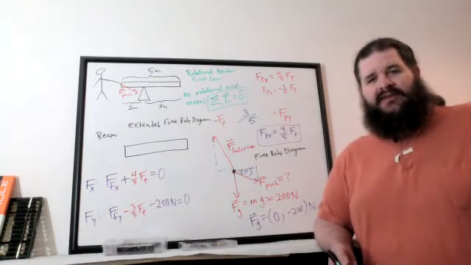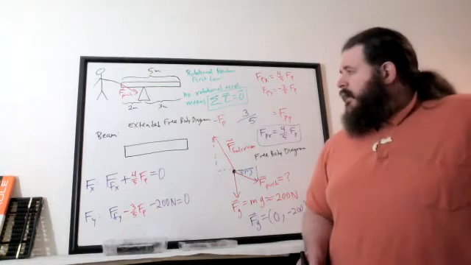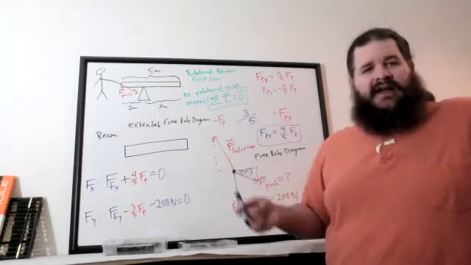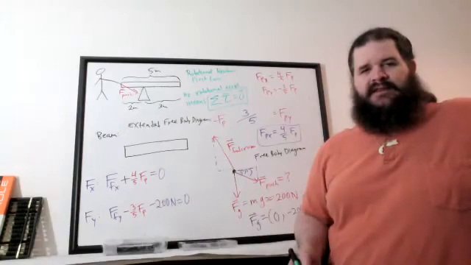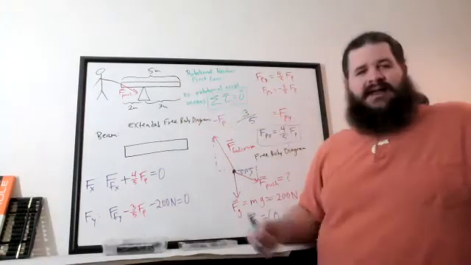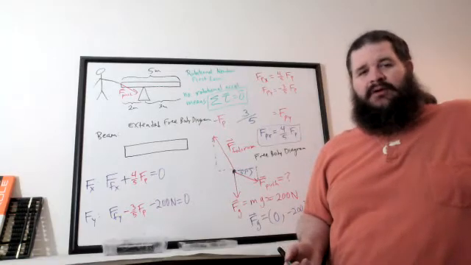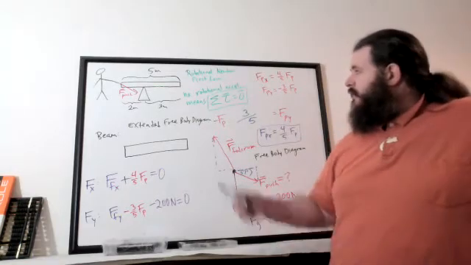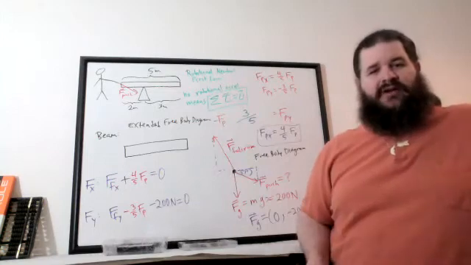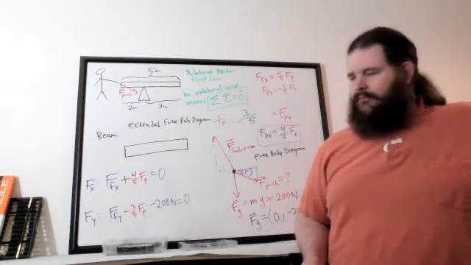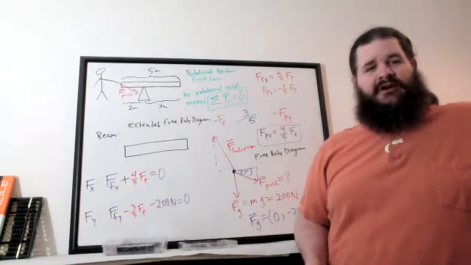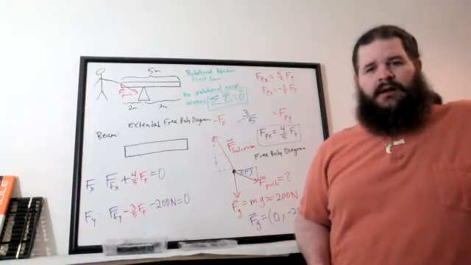It'll just continue staying still forever. So that's what we're dealing with here. This is a static equilibrium problem in the sense that this object, the beam, is not moving and not rotating. And most importantly, it's continuing to not move and continuing to not rotate. There's no rotational acceleration. There's no translational acceleration. So we can assume that the forces add up to 0 and the torques add up to 0.